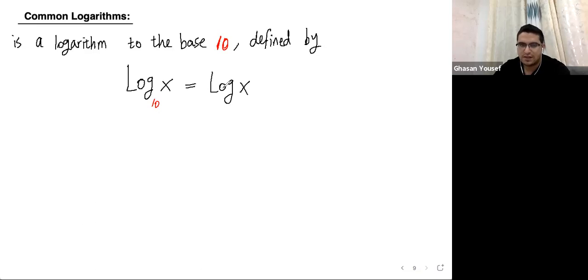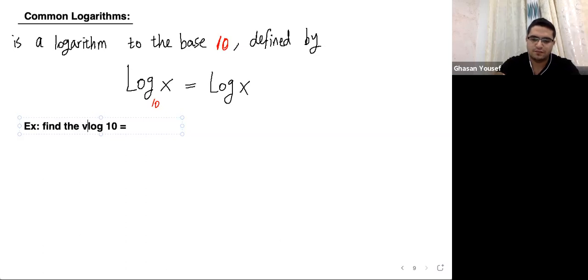Log x means logarithm x to the base 10. We have a small example for this. Find the value of log 10, and also log 100. What does each equal?